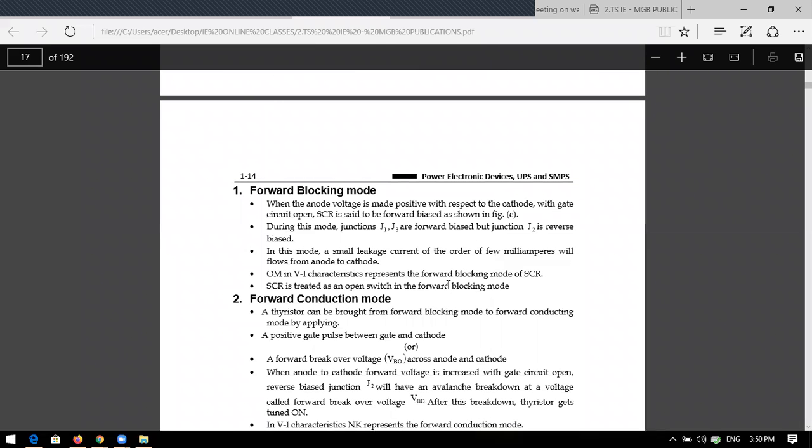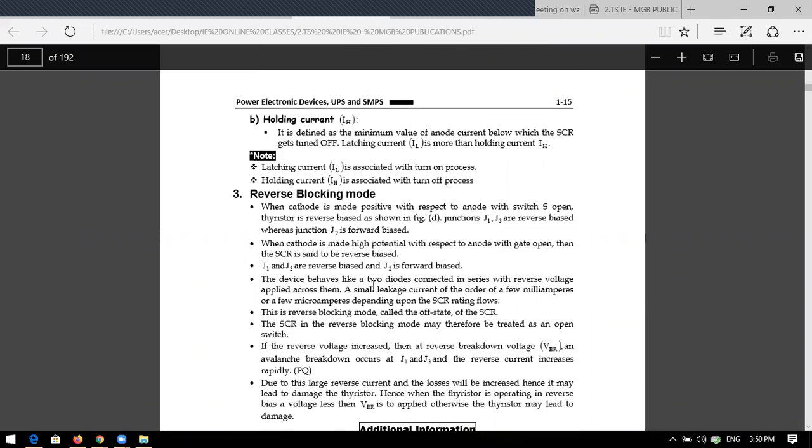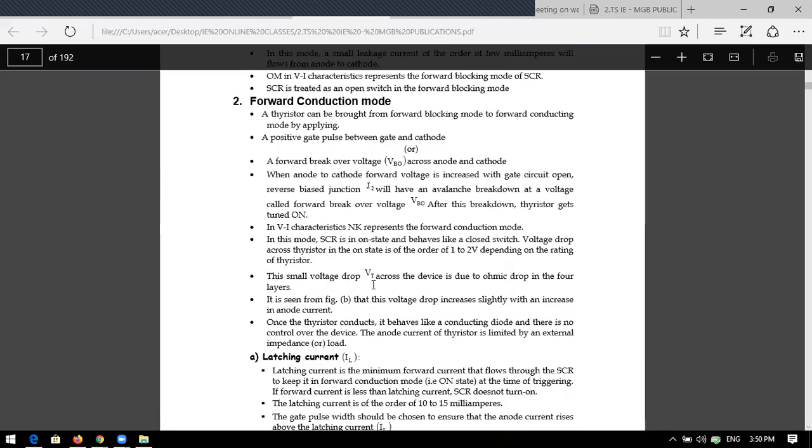IL is for the turn on process, IH is for the turn off process. So the term IL is used in the turn on process, and IH in the turn off process of the SCR. Is it clear? That was latching current as well as holding current in the forward conduction mode.